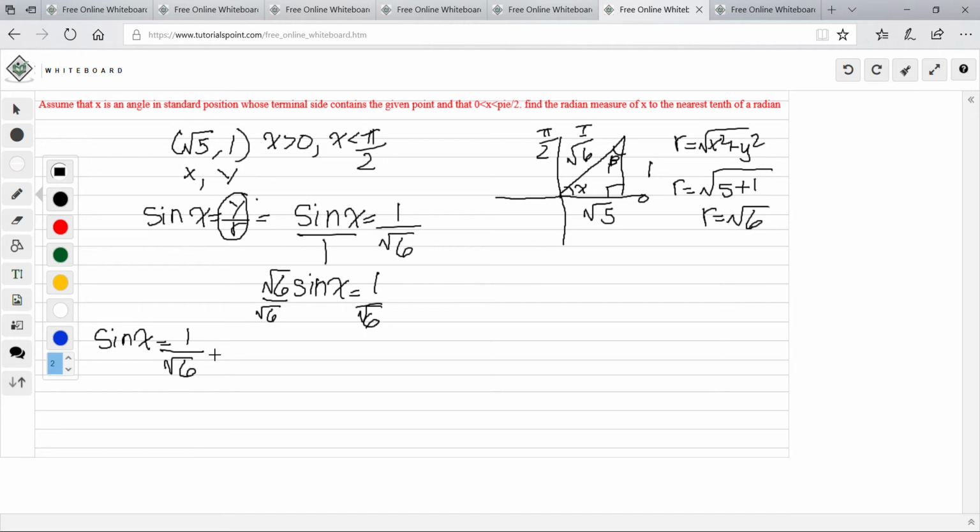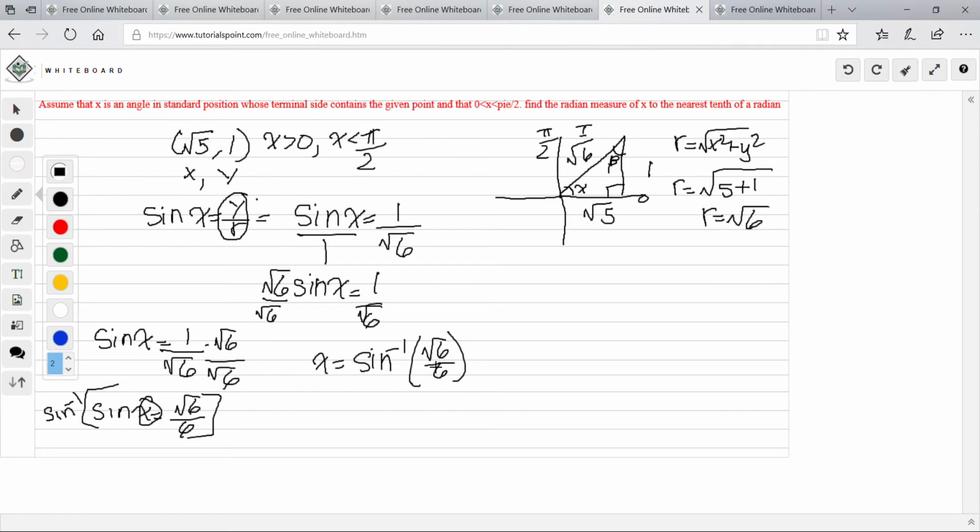Let's rationalize the denominator. So sine of alpha is square root of 6 over 6. And then I want to get alpha by itself, so I'm going to apply sine inverse. So our alpha is sine inverse of square root of 6 over 6.